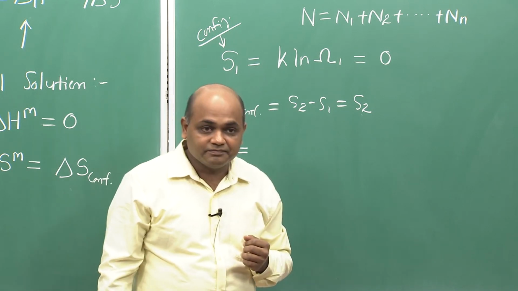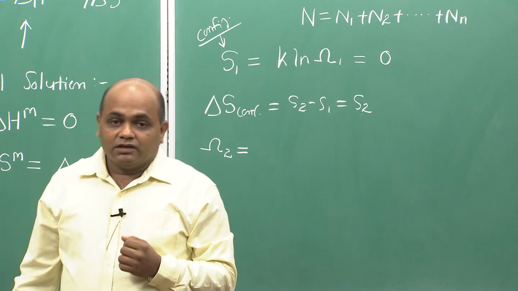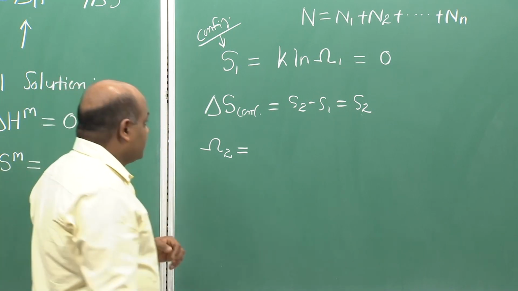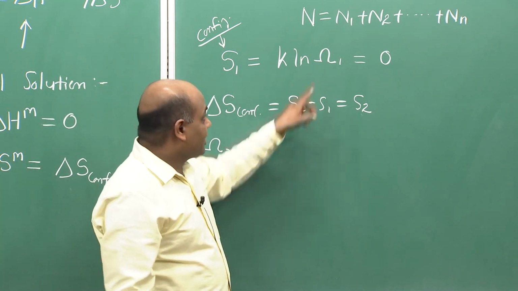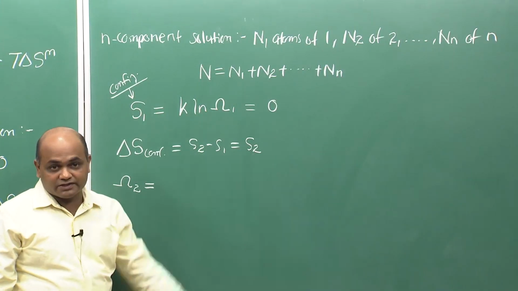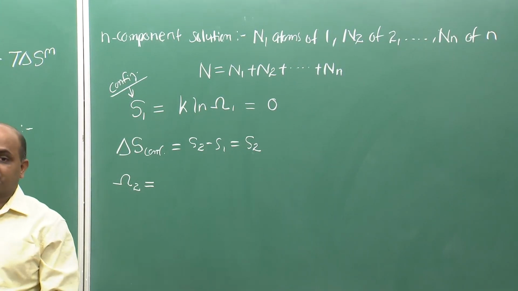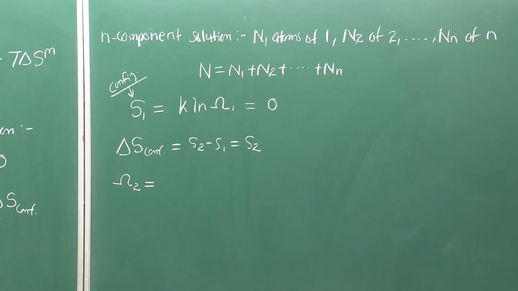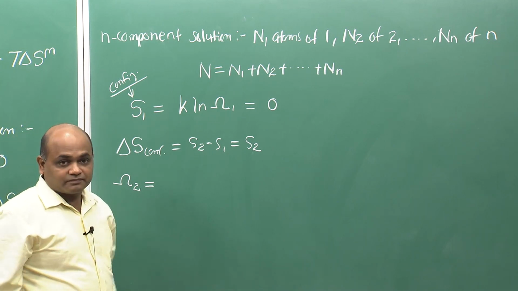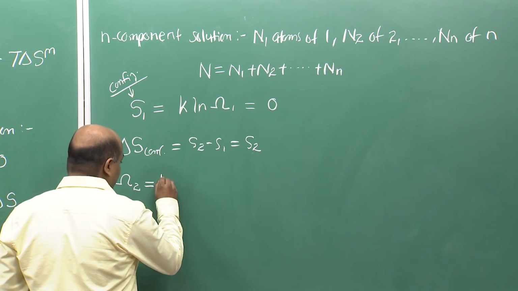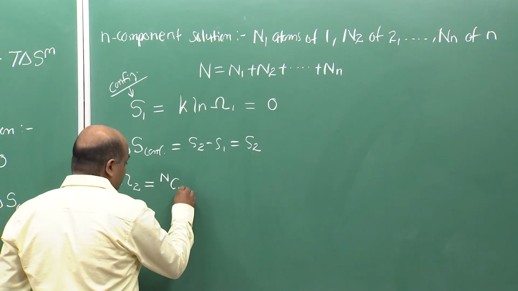So, in that case, how many different ways can we arrange n1 atoms on n sites? That will be nC n1.